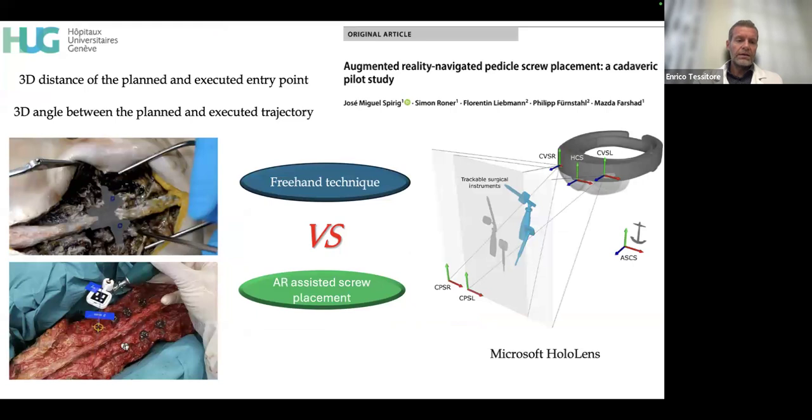This is another cadaver lab study, which is done from the group of Zurich. And here they compare the freehand technique versus the augmented reality assisted screw placement with the help of HoloLens. And they calculated the deviation of the executed entry point from the planned point and the deviation of the executed trajectory from the planned trajectory.